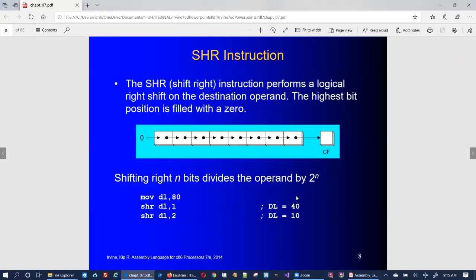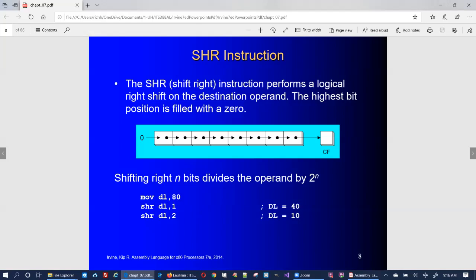The shift right instruction is like dividing by 2, sort of, except it's a logical shift, so we're not doing sign extension. The 0 goes into the highest order bit, and the lowest order bit goes into the carry flag.